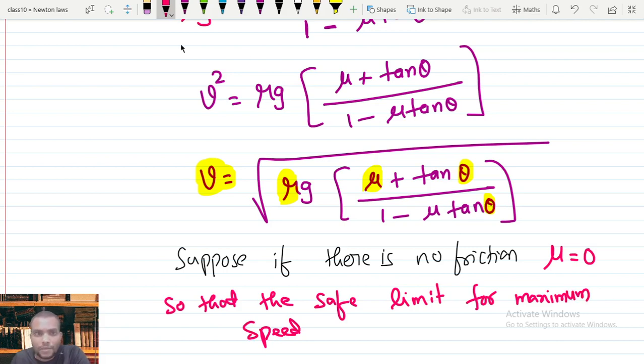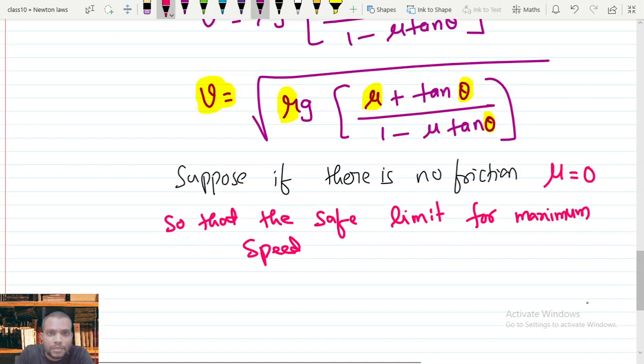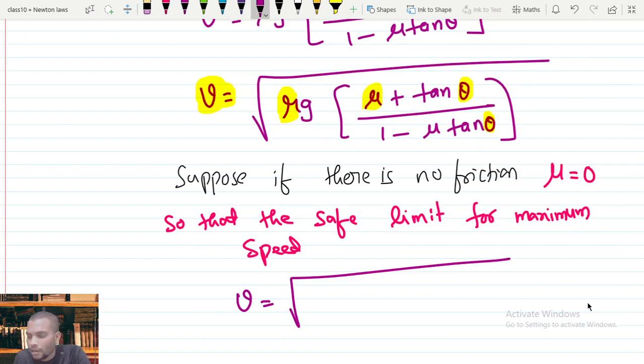is found by substituting mu equal to 0 in the above expression. The expression changes as v equals under root of Rg times tan theta. In the denominator, the mu value becomes 0, so this contributes 1. In the numerator, the mu value becomes 0, then only tan theta we will get.